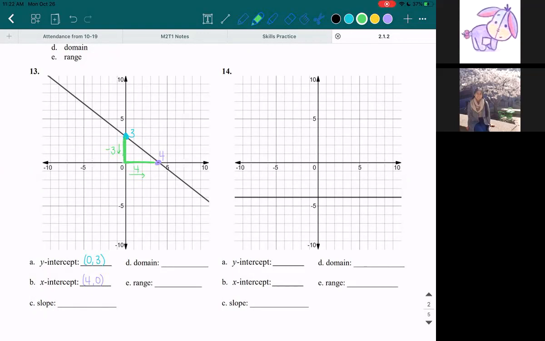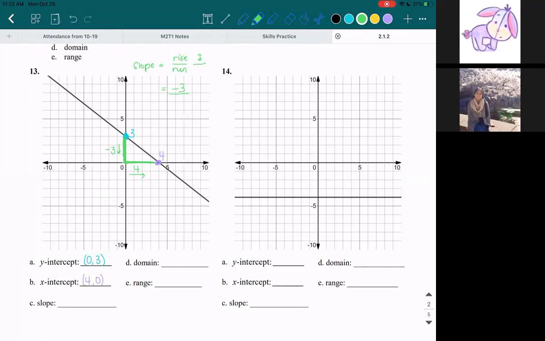Now the formula for slope is rise over run. So I'm going to put my rise. Rise is the up-down direction. I can see I went down 3, so that's a negative 3, because down is negative.